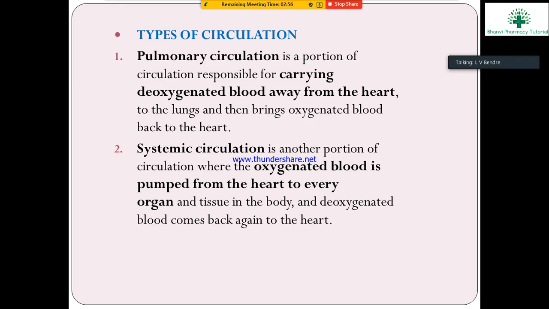Blood is pumped to every part of the tissues. After the oxygenated blood has gone into the cells, the deoxygenated blood comes back to the heart.